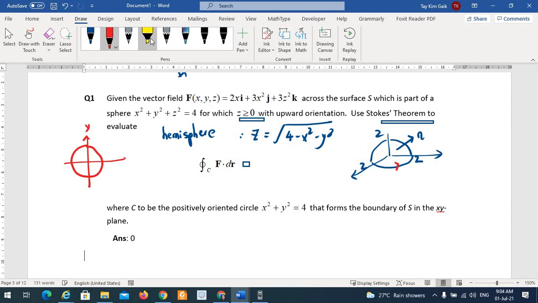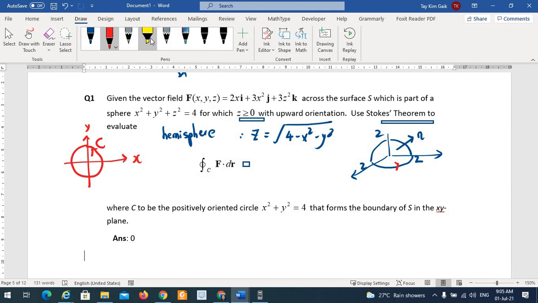This is y, this is x, and this is the curve C. If the unit normal vector is pointing up, you can use your right hand, with the thumb representing the unit normal vector and the direction of the other fingers representing the direction of the curve C. If the thumb points up, the direction of the curve is anti-clockwise. If you turn the thumb down, the direction of the other fingers is clockwise.